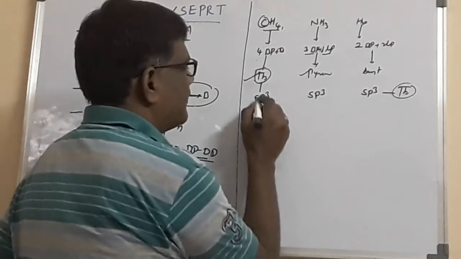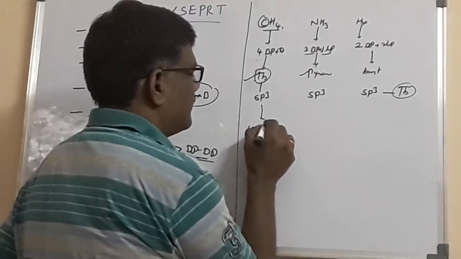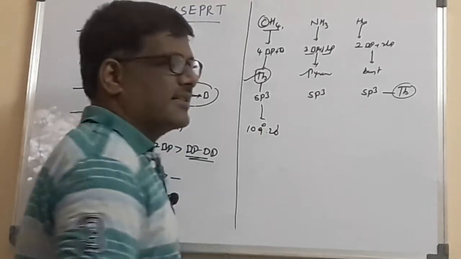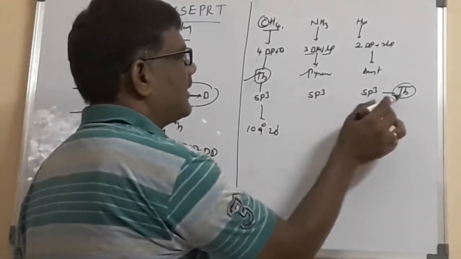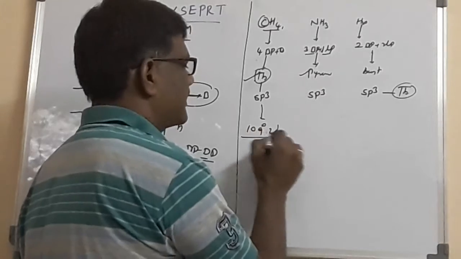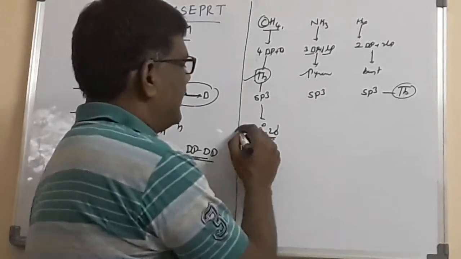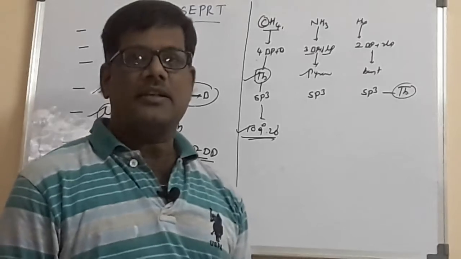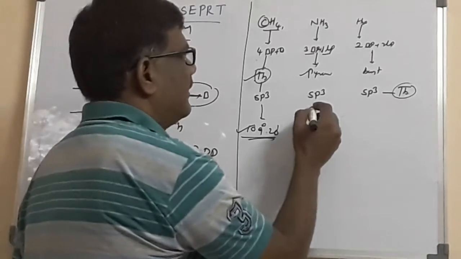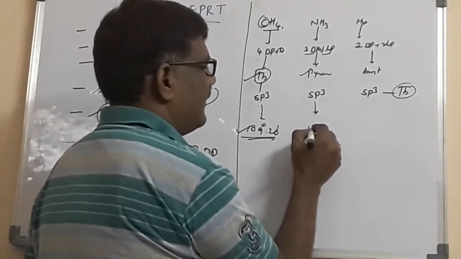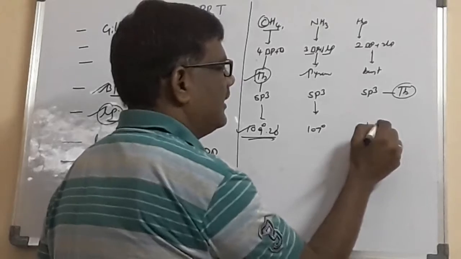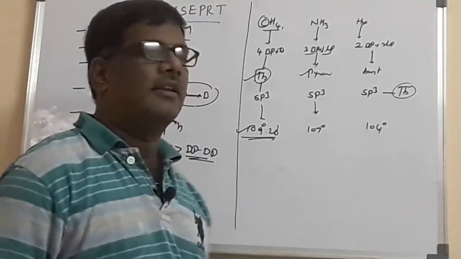Whenever a molecule undergoes sp3, the bond angle must be 109 degrees 28 minutes. Any molecule which undergoes tetrahedral or sp3 hybridization should have 109 degrees 28 minutes. In methane, it is exactly 109 degrees 28 minutes, whereas ammonia has 107 degrees, and the water molecule has 104 degrees.